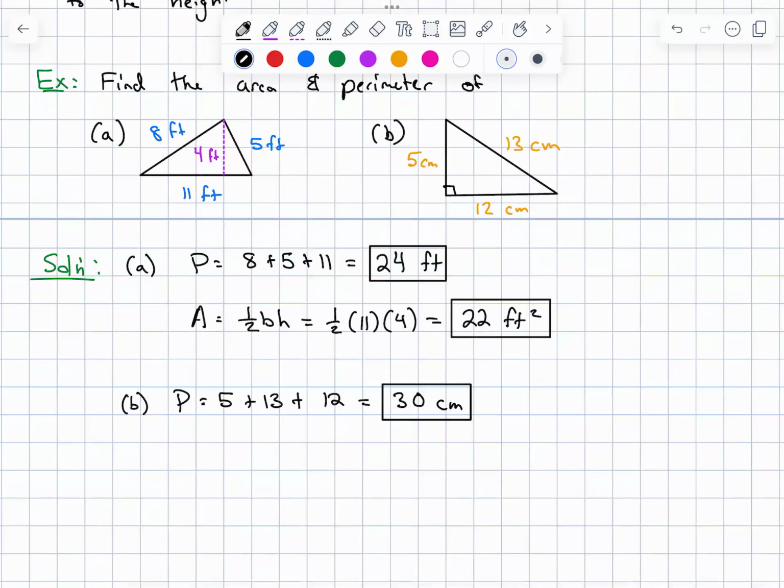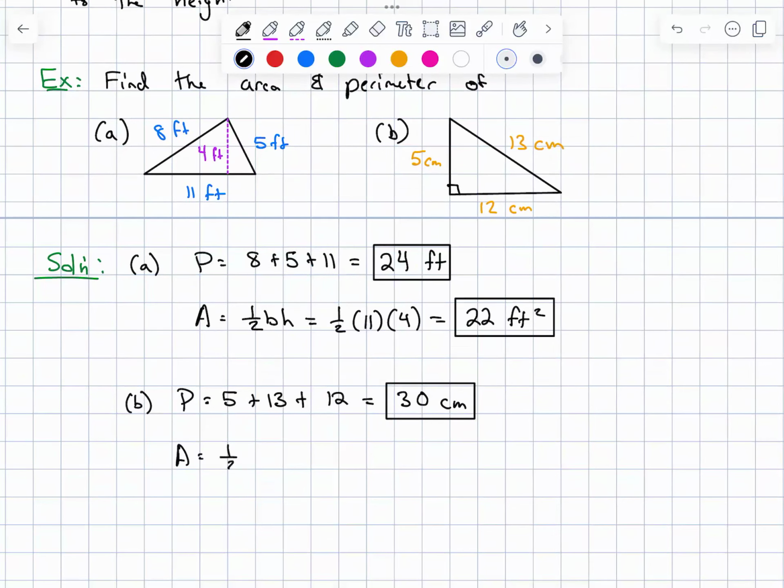Now for area, once again, the formula, area is 1/2 the base times the height. But you might be thinking, whoa, Phil, I don't have a base. I don't have a height. I only have a base. The 5 is the height. So in the situation where you have a right triangle, one of the legs ends up being the height.